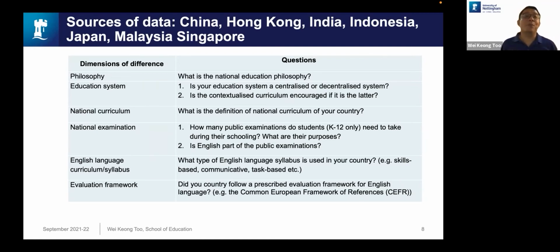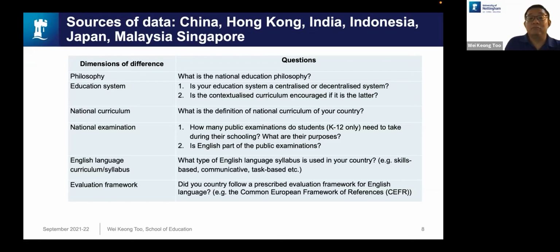Next, we can't run away from examination. How many public exams do students face? I'm specifically looking at primary school and secondary school, and the English part of the public examination. Next, what's the definition of English language curriculum? And this is the part you'll see later on. The data that I present will be closely related and linked to the philosophy of a nation. And lastly, evaluation framework.